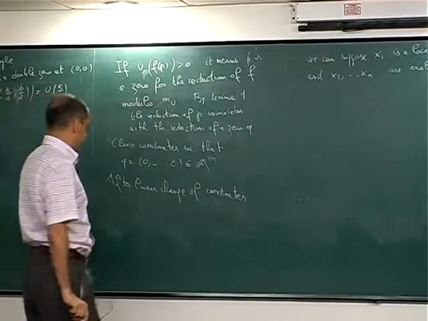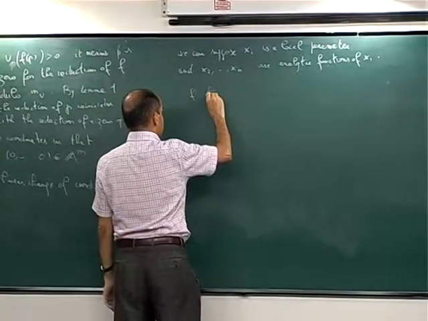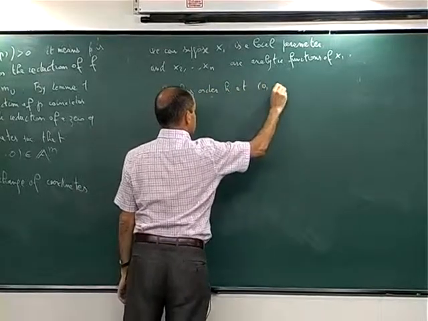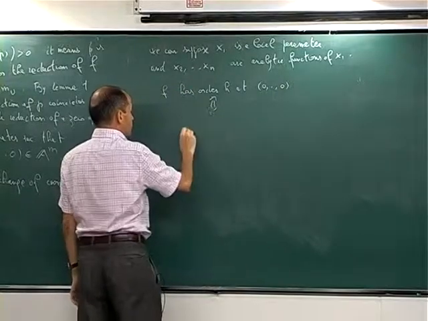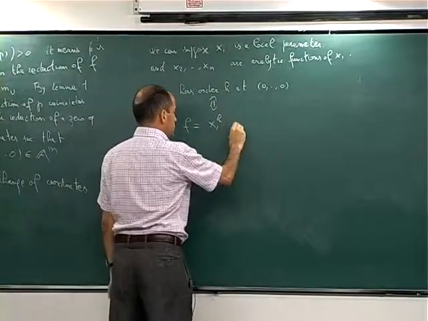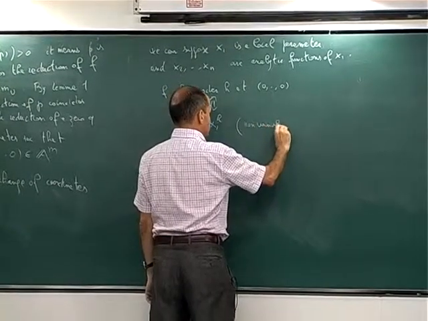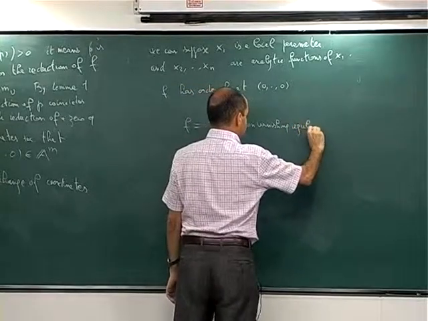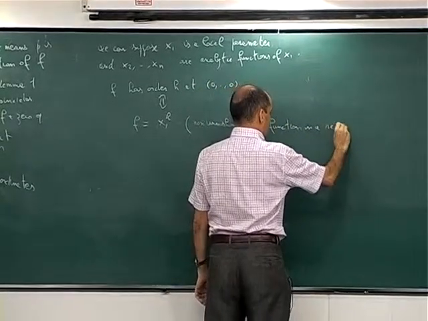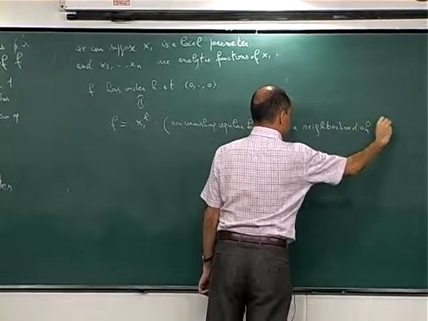Now, f has order h at the origin, which means that f is of the form x1 to the h multiplied by a non-vanishing function in a neighborhood of the origin.